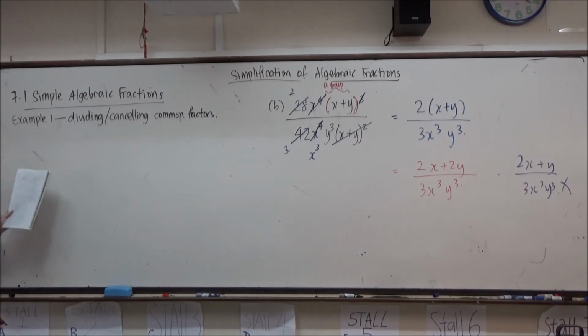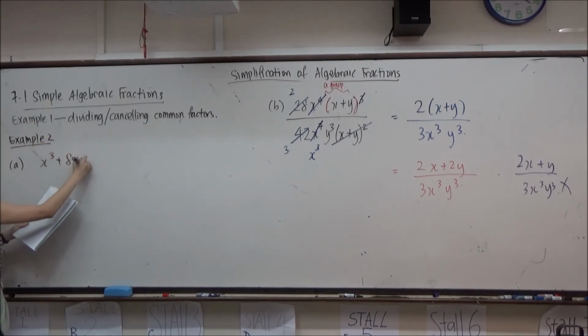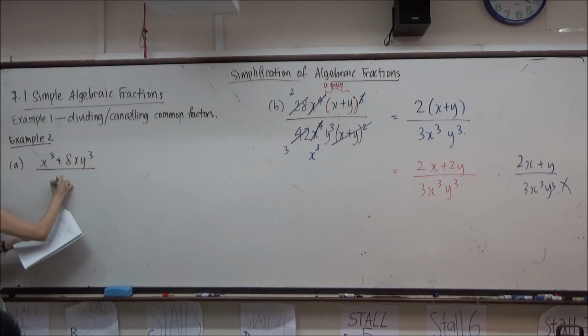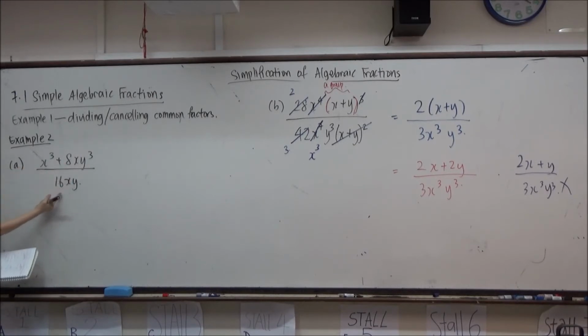Example 2, we need to do something. If I write example 2 out first, in part A, if I have something like that, then just now we already acknowledged that I cannot take this, cancel here, take this, cancel here. Correct? Because in between there is a plus.